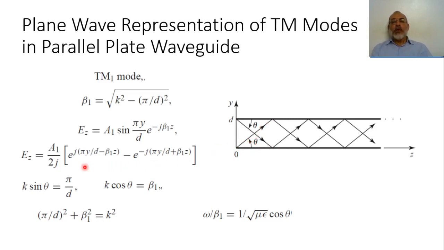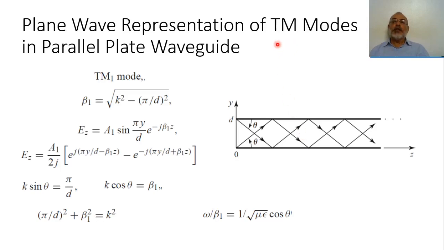So we have two components, one propagating at negative theta and one at positive theta, and these two components simultaneously represent a total field with a sinusoidal distribution sin(πy/d), a standing wave, propagating in the z direction.